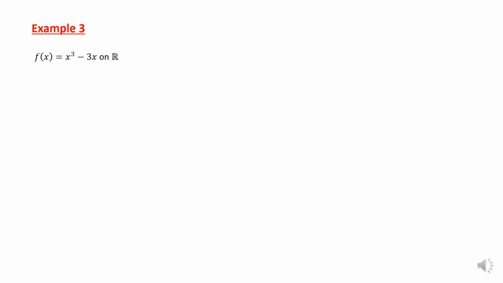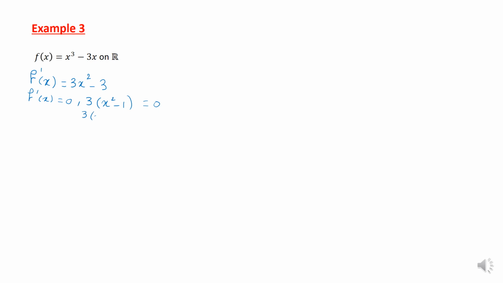Example 3, f of x equals x cubed minus 3x. As usual, we will find f prime of x to check whether the function is monotonic or not. Now f prime of x is equal to 3x squared minus 3. If you solve f prime of x equal to 0, it will be 3 times (x squared minus 1) equal to 0.